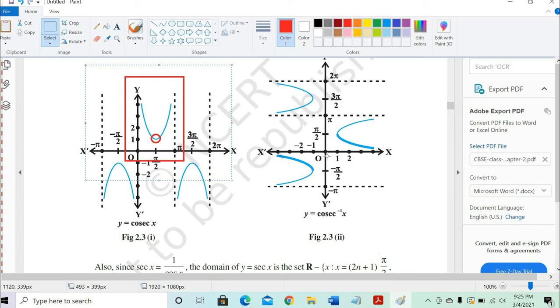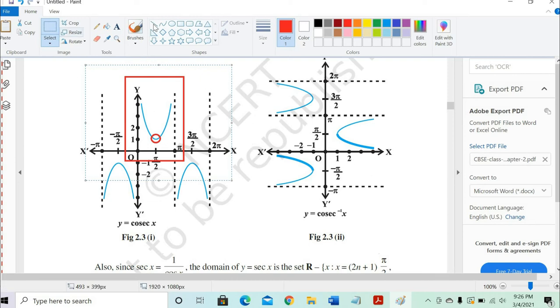Yes, sir. Correct. Now similarly, it will be between 0 to minus pi, again minus infinity to minus 1 and minus 1 to minus infinity. Clear? Yes, sir.